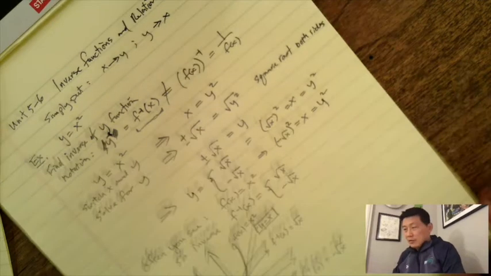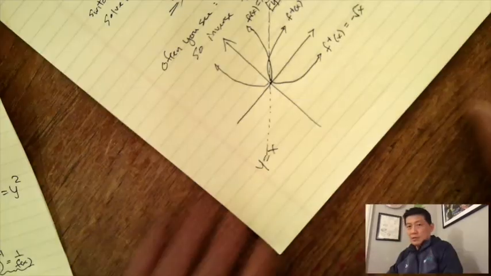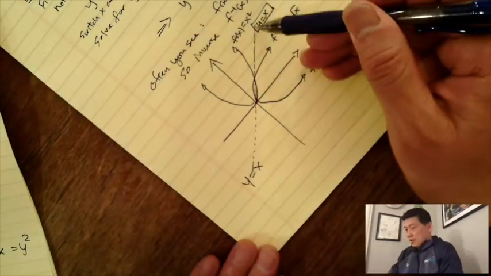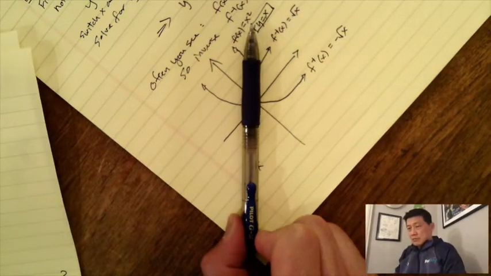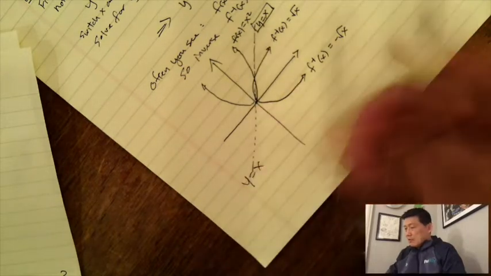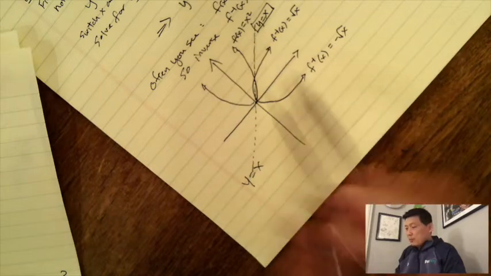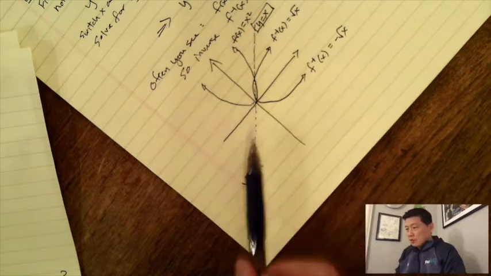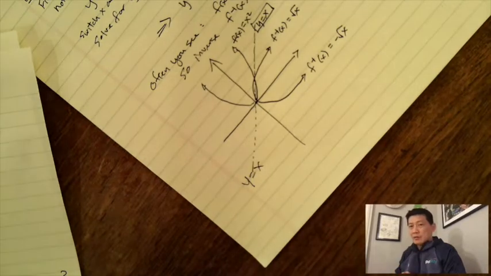If you look at this line this way, let me just bring my camera down here so you can see. If this 45-degree line is basically an up and down line, you can think of it as the function, and its inverse function is basically a mirror image along this y equal to x 45-degree line.